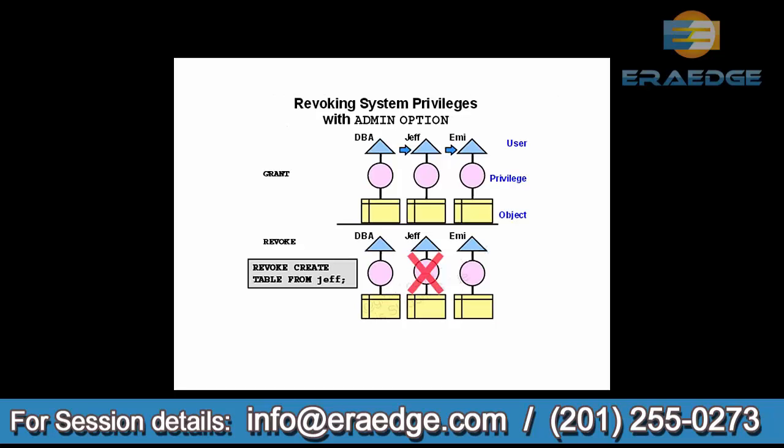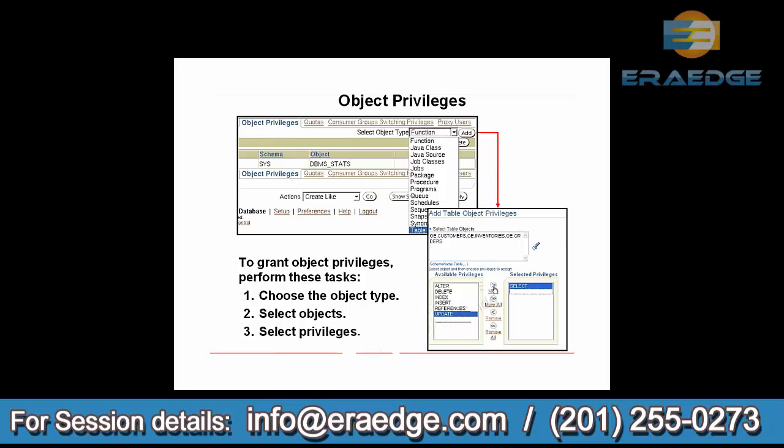Now, one quick question on the previous slide. That's all fine. And the object type, I see something called queue there. What is a queue type? Queue is an object.